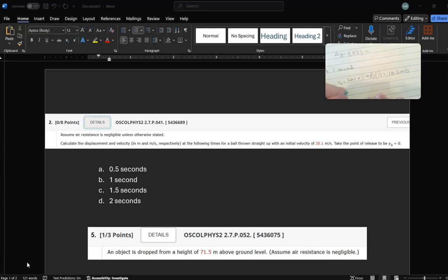Again, we can find our average velocity. That's going to be 20.1 plus 10.3 over 2, which is 15.2. Then we can take my delta y equal to my average velocity times the change in time.